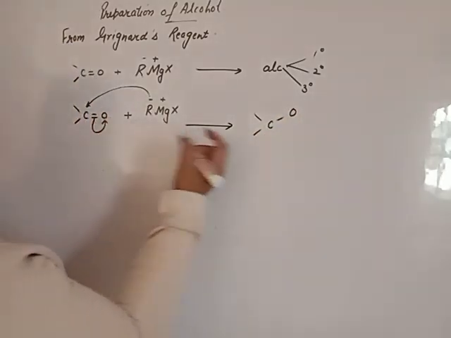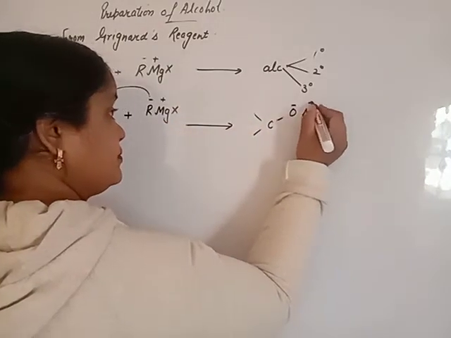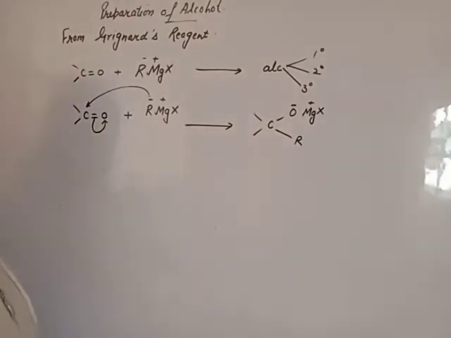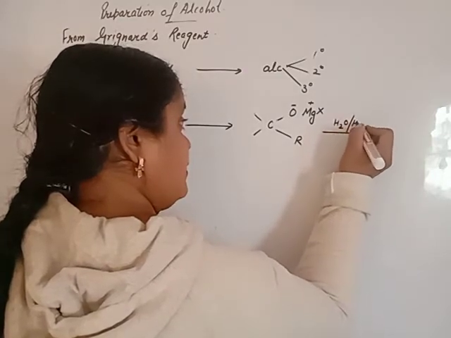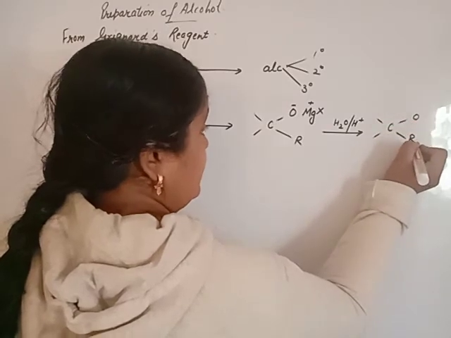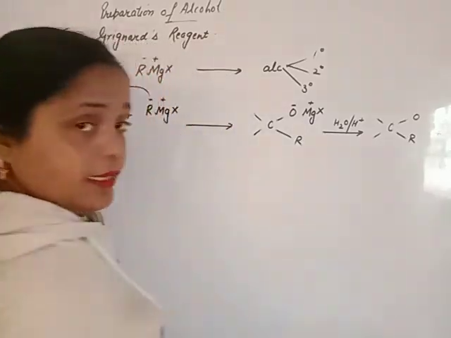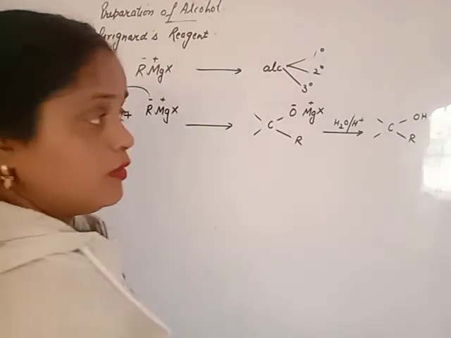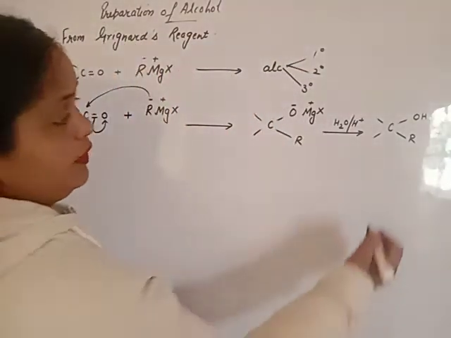Oxygen is negatively charged, so the positive part combines with it, and our alkyl group attacks the carbonyl carbon. Then hydrolysis takes place. After hydrolysis we will get alcohol. Beta, upon hydrolysis this ionic bond will break and H positive combines with negatively charged oxygen, OH negative combines with the positive part magnesium, and we will get alcohol.